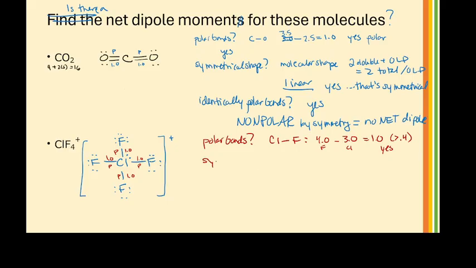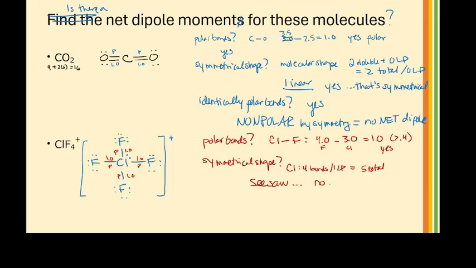Do I have a symmetrical shape? Let's see. So my shape would be, for chlorine, 4 bonds, 1 lone pair, 5 total. And if I go to the 5 total, 1 lone pair, the shape is seesaw.